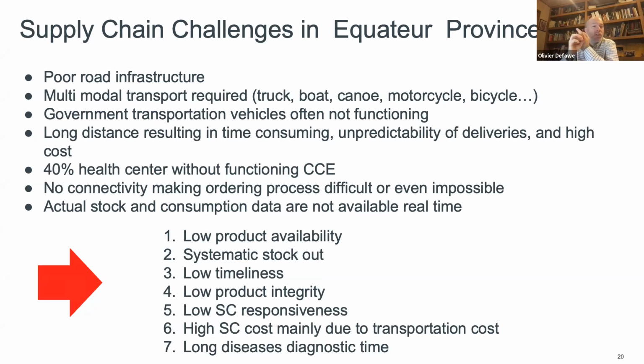Often the transportation vehicles from the government are not functioning. Long distance, really, really long distance. Remember, you're covering 100,000 square kilometers, resulting in really time consuming deliveries from Mandaka, the provincial level, to the district zone, to the health facility level, or vice versa, resulting with unpredictability of the deliveries and really high cost.